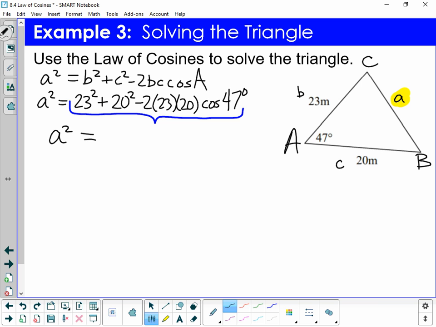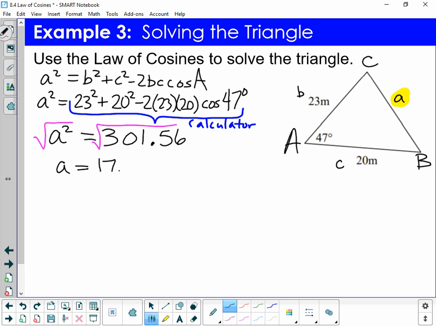And we get 301.56. And again, I just used my calculator to calculate that. And I take the square root of that number, because I don't want A squared, I want A. And I find that side A is equal to 17.4 meters in this case.